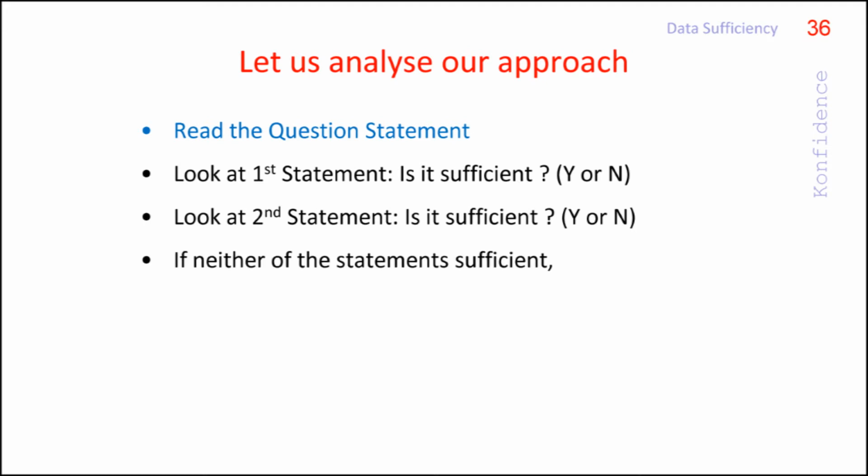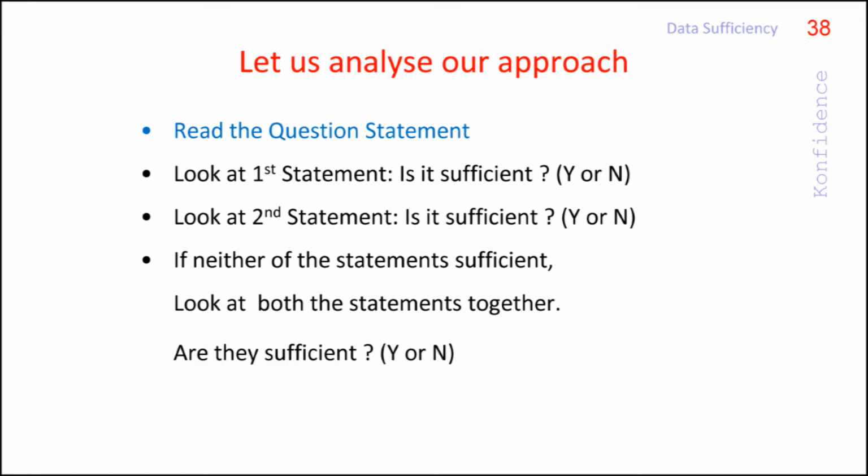If data given in both statements are not enough independently, we take them up together and find out if both pieces of data together are enough to answer the question or not. Even after that, if we cannot find enough data to answer the question, it is deemed that data given is insufficient to answer the question.